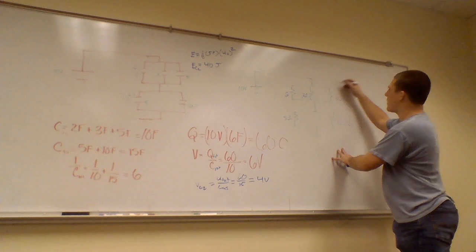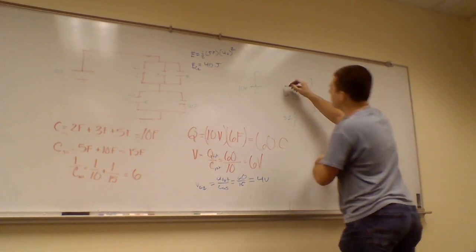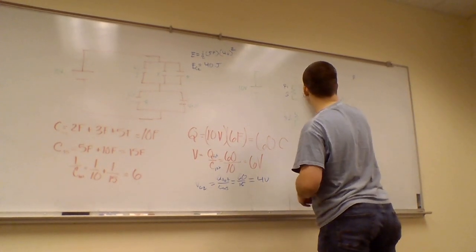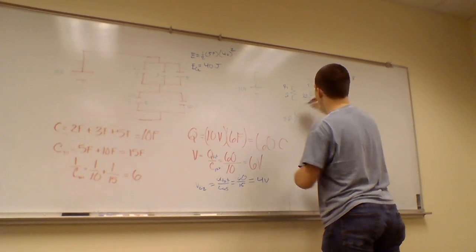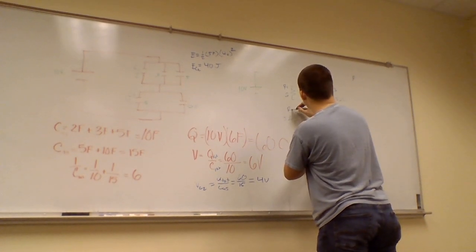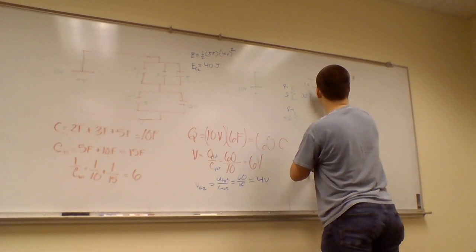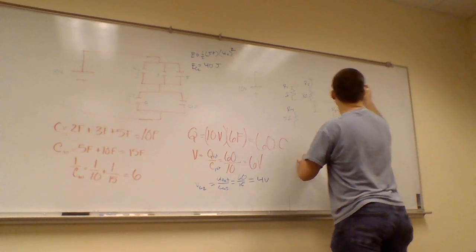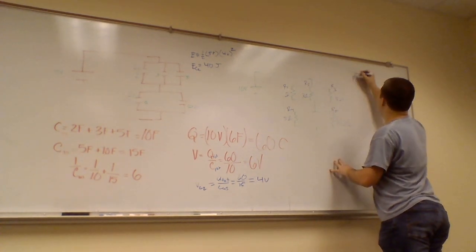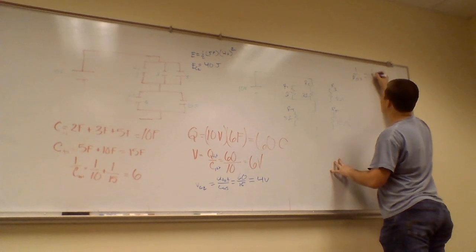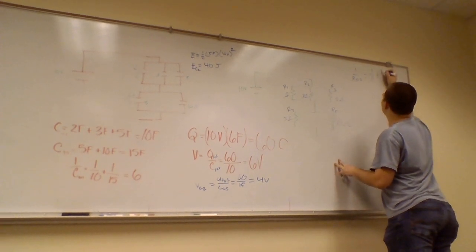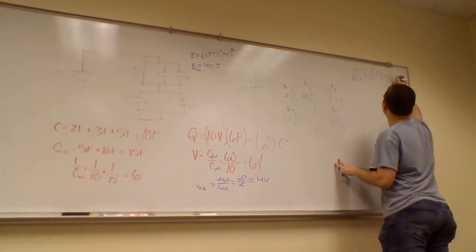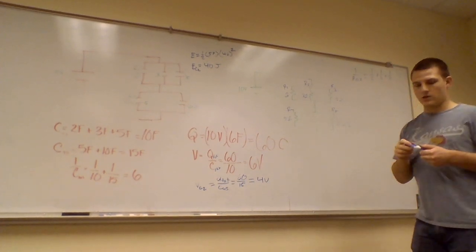So we'll say this is R1, 2, 3, and R4, R5. 1 over R1,2,3 will be 1 over 2 plus 1 over 3 plus 1 over 5. I haven't done the math on this yet.